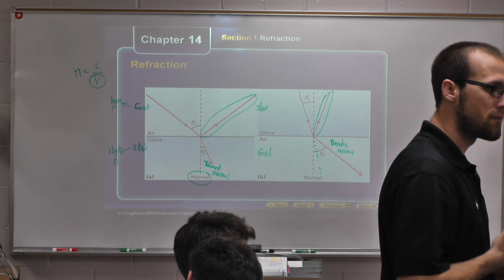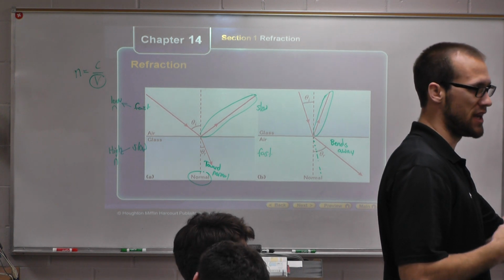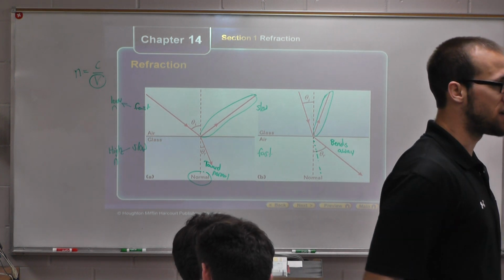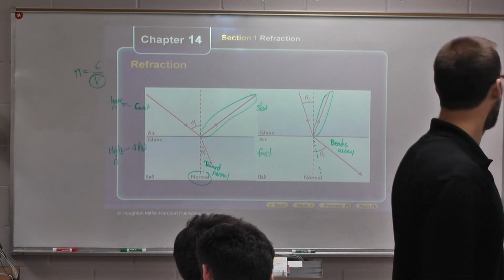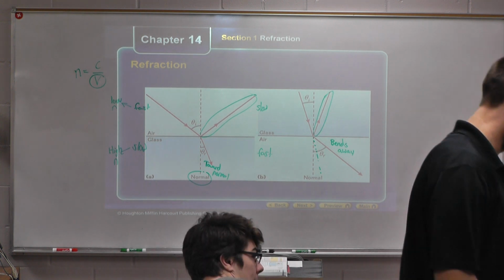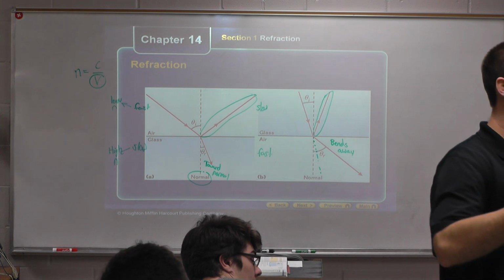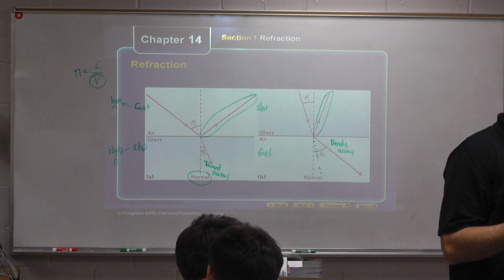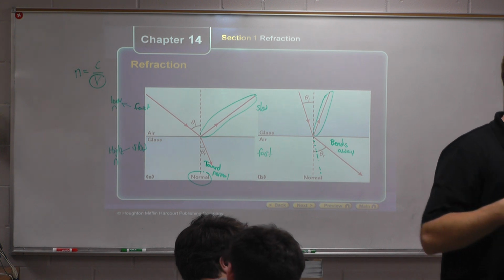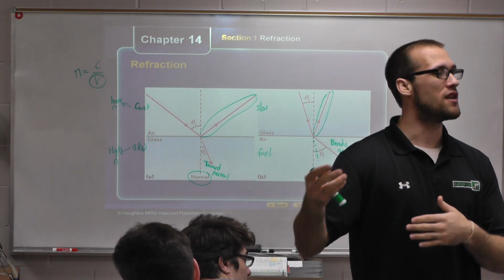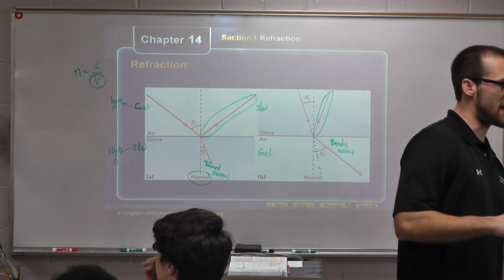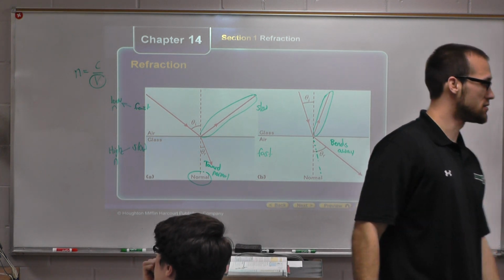Anytime you're going from a slower medium to a faster medium, it's going to speed up and bend away from the normal. These are just two examples. You have a whole list of different index of refractions for different mediums, and as long as the medium you're starting with is slower than the medium you're going into, then you're going to bend away. And the opposite's true: if you go from fast to slow, you'll bend towards.